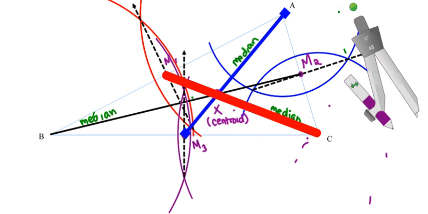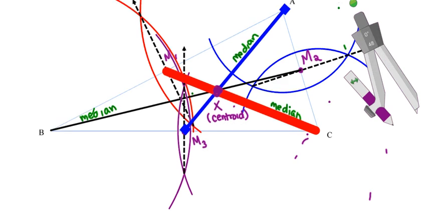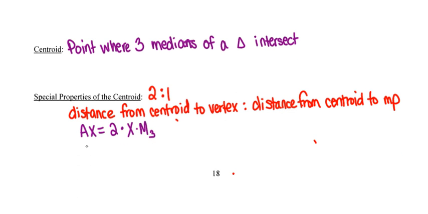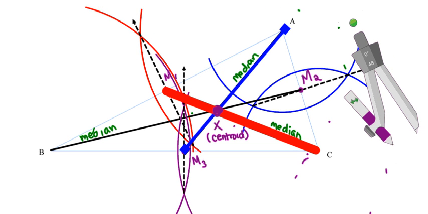If I go back to the picture and look at that red median, again, the distance from the centroid to vertex C is going to be double or twice the distance from centroid X to midpoint 1. And if I go back to look at the picture once again, I'm not sure if I have any other neat colors that I can make the third median of this triangle.